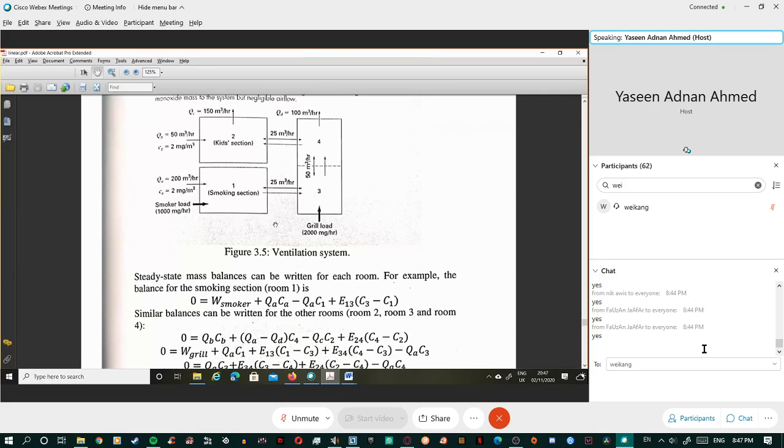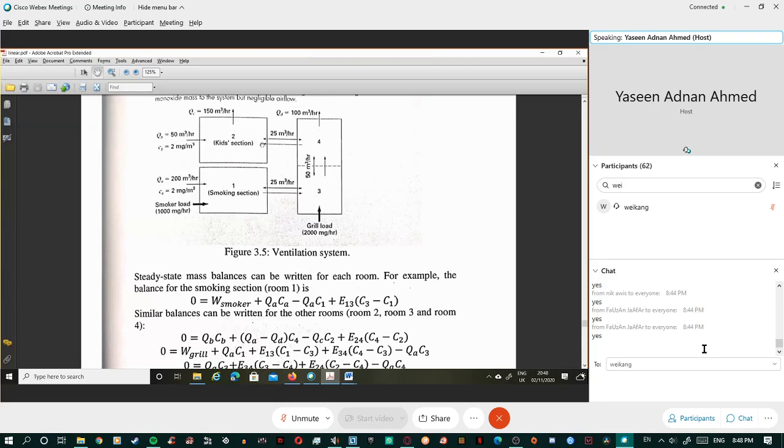Next you go to room number 2. In this case, it's coming, so that is QA multiplied by CB. Then this is also coming, from C4. Before going to that, if you consider this arrow, you can see that QA is flowing here and QD is going out.